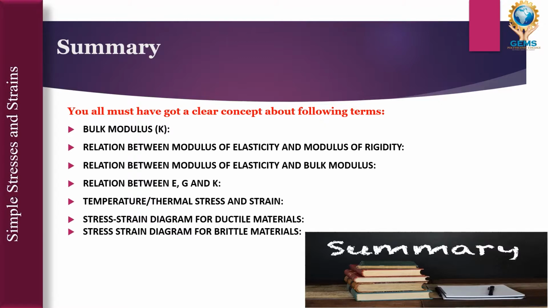Bulk modulus means K. And then we have seen the relation between E, G and K. Then we have seen temperature or thermal stress and strain. And finally we have seen the stress strain diagram for ductile material and the stress strain diagram for brittle material. So these are the topics which we covered throughout this lecture.